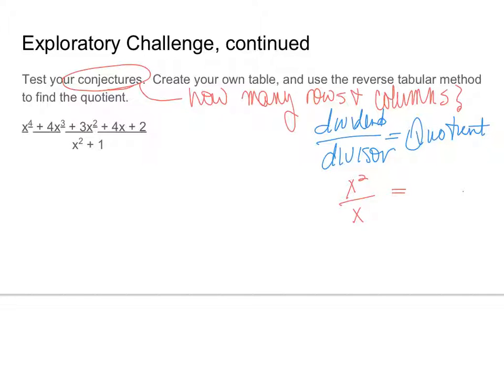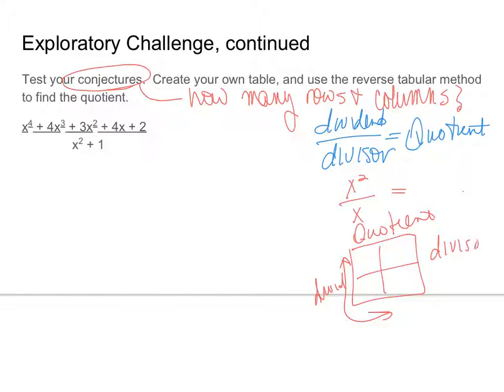So that's when we set up our tabular method to be a 2 by 2. Our quotient is what we're looking for. Our dividend goes on the outside, and our divisor was over here. So when we had an x squared, x to the second power, we did a 2 by 2.